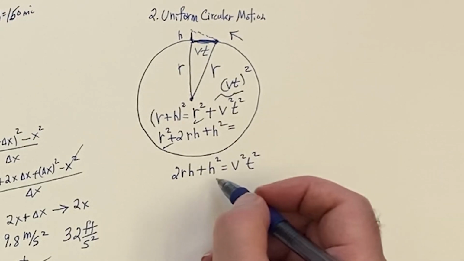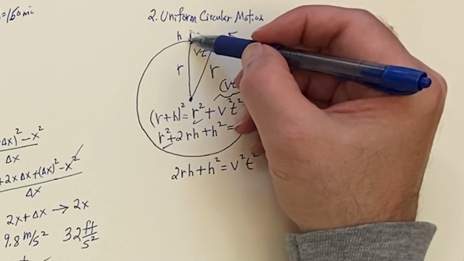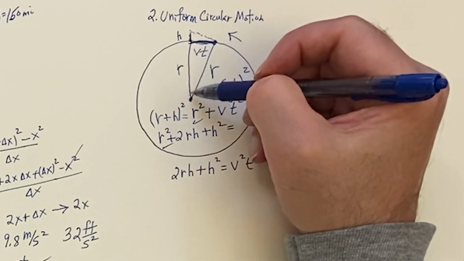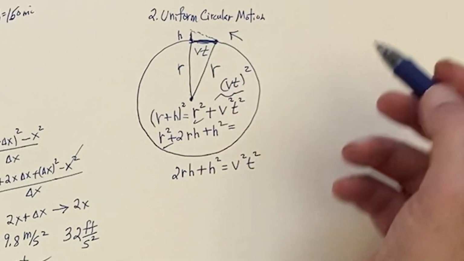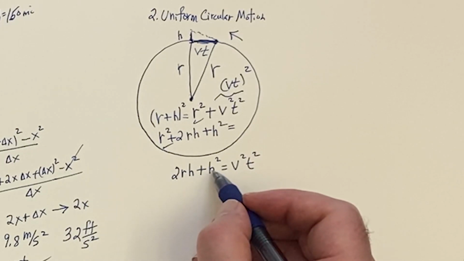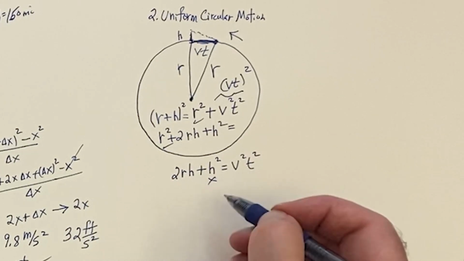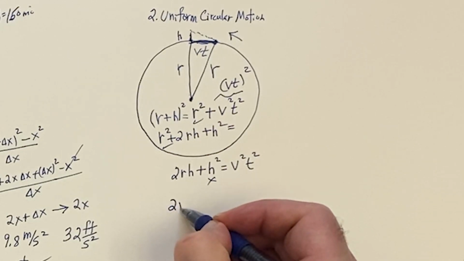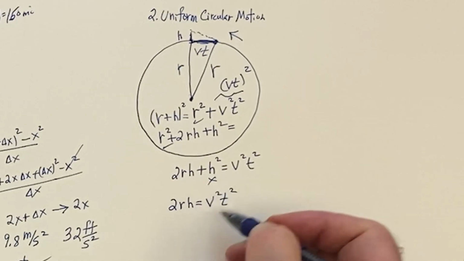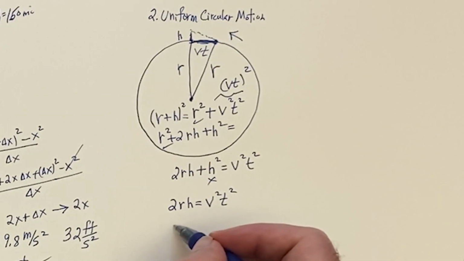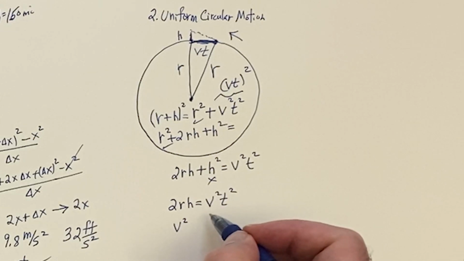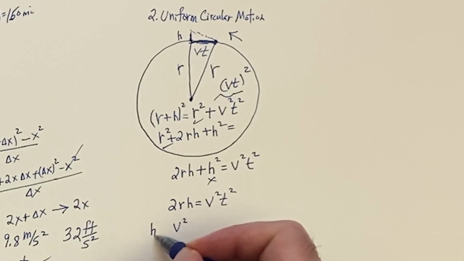Okay, now this h is going to be very small compared to r, so you're going to throw it away. In other words, here's a big number, r times h, and here's the little one, squared. So that means we're going to kick this one and have 2rh equal to v squared t squared. And then let's say the h, we want the h over there on the left.